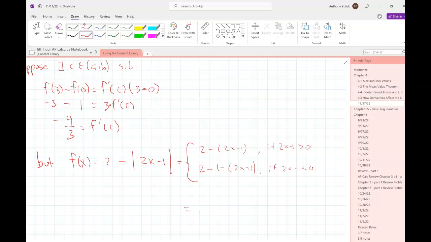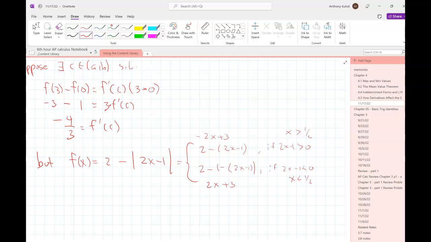So simplifying that stuff down here, I get negative 2x plus 3. And then here I get 2x plus 3. And this is equivalent for when x is greater than 1/2 and x is less than 1/2.